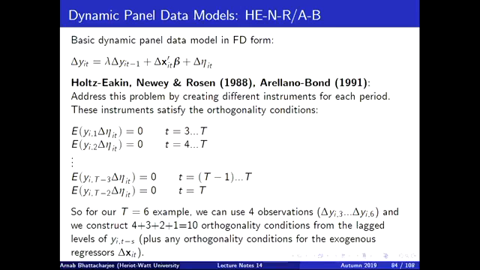So that is the advantage. How many orthogonality conditions are there? See, it's going on multiplying. So 4 plus 3 plus 2 plus 1, 10. A lot of orthogonality conditions. Remember that these are not the only orthogonality conditions. There are also orthogonality conditions from the exogenous regressors. So there are a lot here.